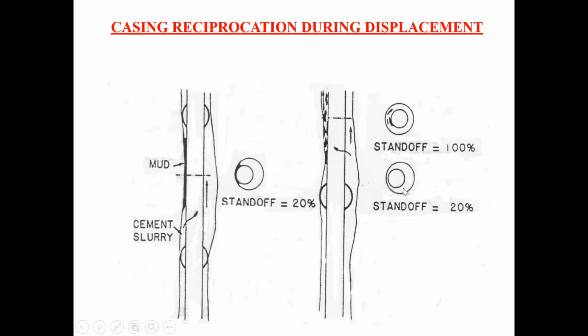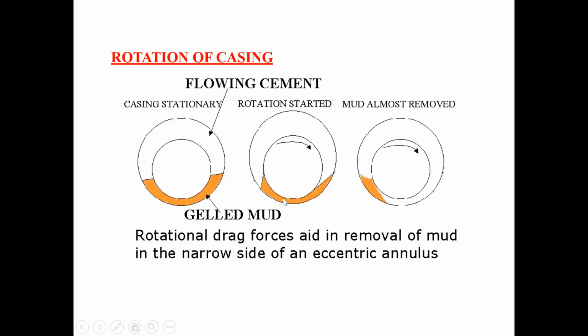So rotation is the best thing. But if you are not able to rotate the string, then you reciprocate at least by 3 to 5 meters, so that this gets disturbed, and the minimum distance point also gets disturbed, and you will be able to displace mud thoroughly. See, rotation is better.